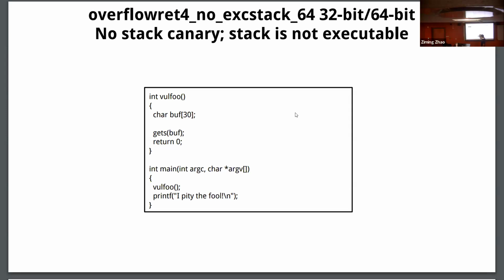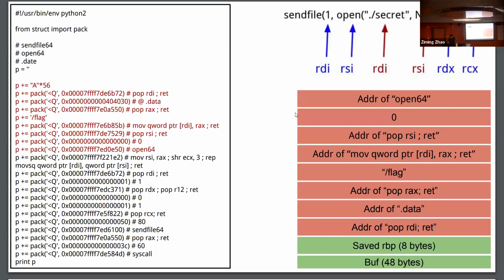There is no print flag in the address space, so you cannot return to print flag. You cannot execute shellcode there. And this is 64-bit. So you have to use that ROP chain to get the flag in this case.